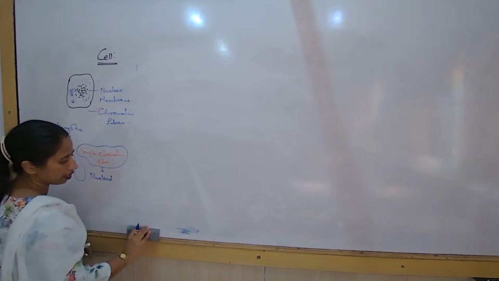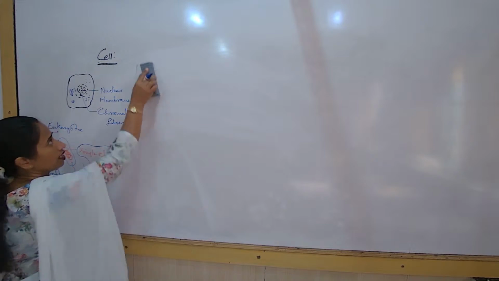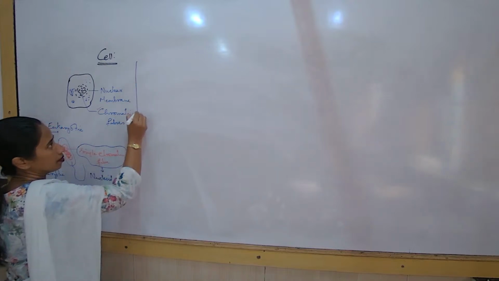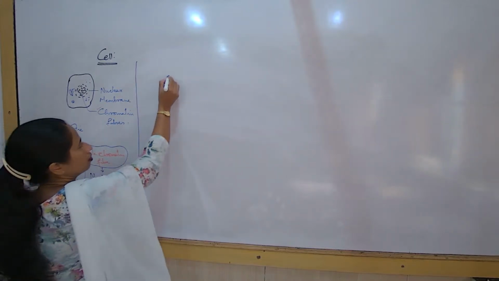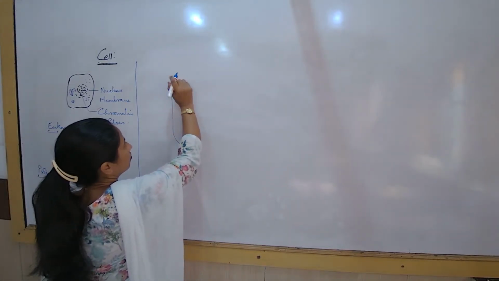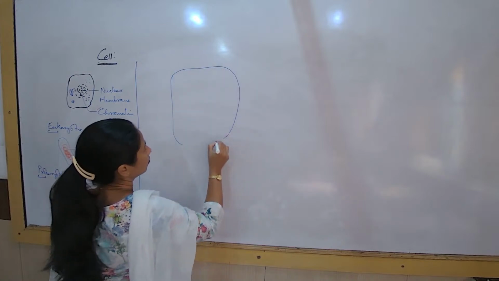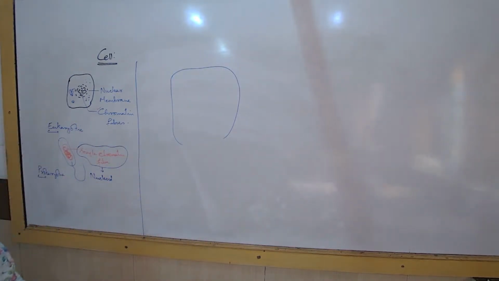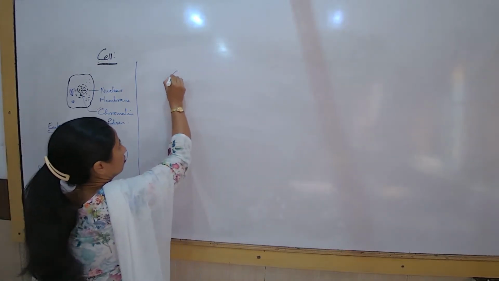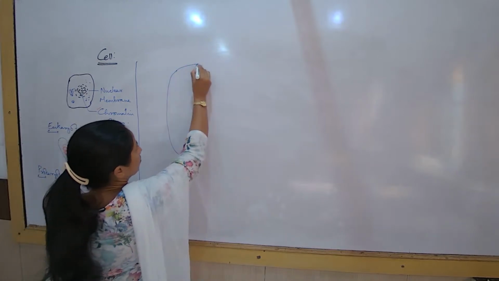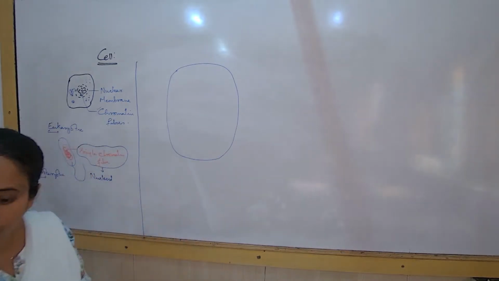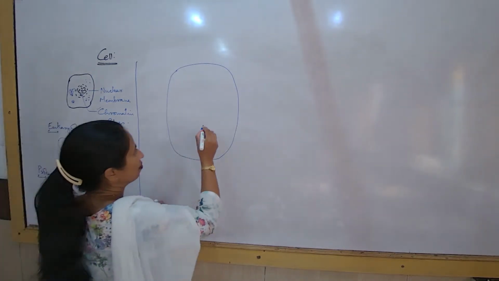First of all, we will draw the diagram, and today we are going to learn the structure of the animal cell with the parts and the functions. Start drawing.